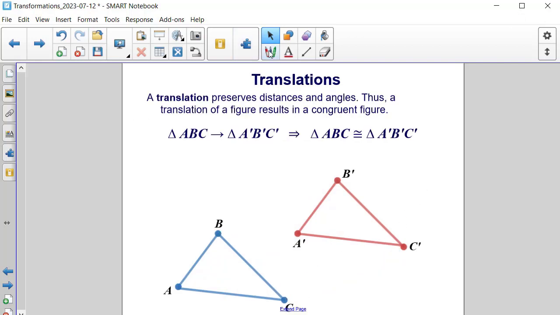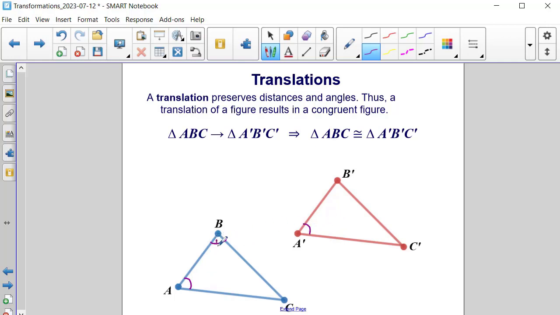A translation preserves distances and angles. For example, remember on previous slides we had that angle A was congruent to angle A prime. We had that angle B was congruent to angle B prime, and we had that angle C was congruent to angle C prime. And similarly, segment AB is congruent to segment A prime B prime.